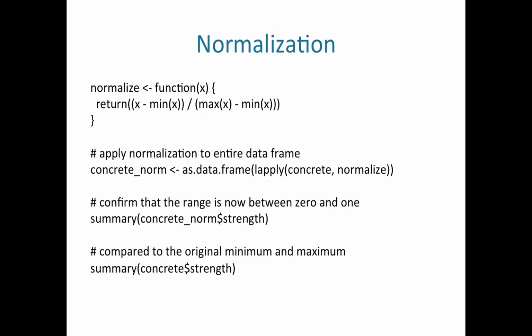As a result, we will have concrete_norm, which is the concrete data frame normalized. It's exactly the same data frame, but the values are normalized, right? What we want to check is that the distribution of values, which are now going to be between 0 and 1, but at least that the distribution of values, medians, the value for each quantile and so on, is similar to the original distribution.